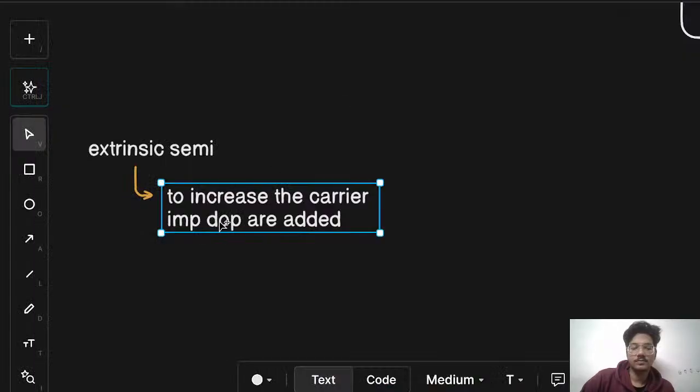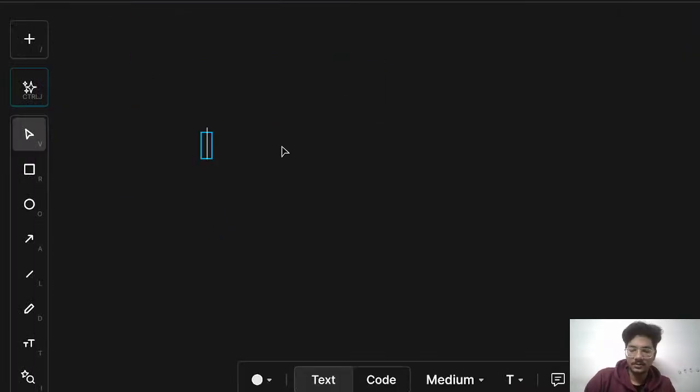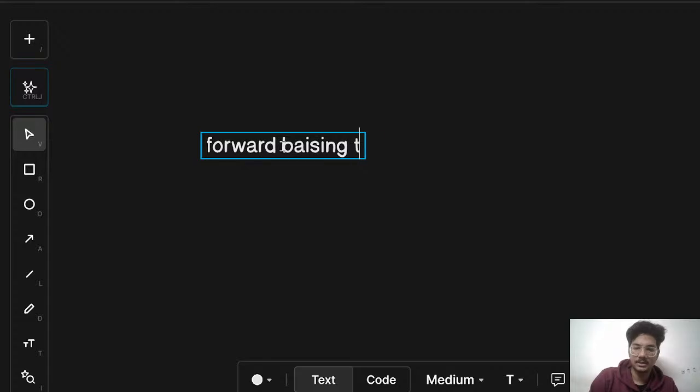So how do we explain forward biasing in the p-n junction?